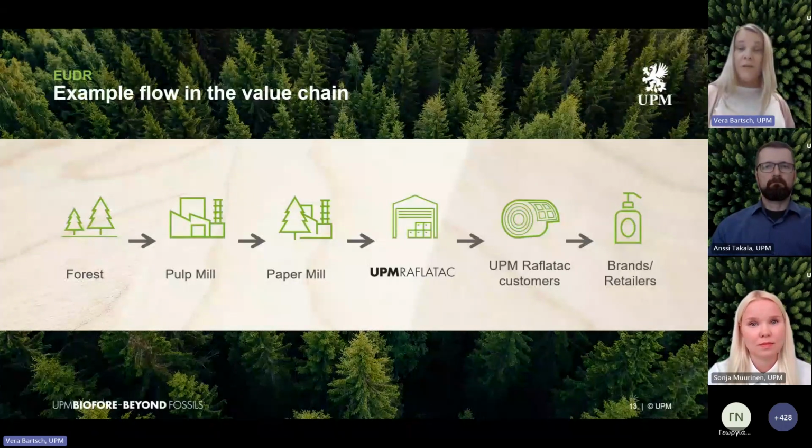And the papers can then become part of a UPM Raflatac product that we resell to you. We are a manufacturer of labeled stock and other self-adhesive products. And while upstream value chain players have their own obligations under EUDR, it's not sufficient for us to refer to those players being compliant. We have our own compliance obligations, like Sonja explained before.